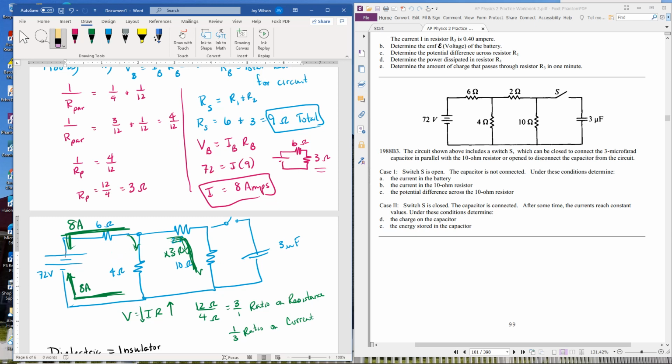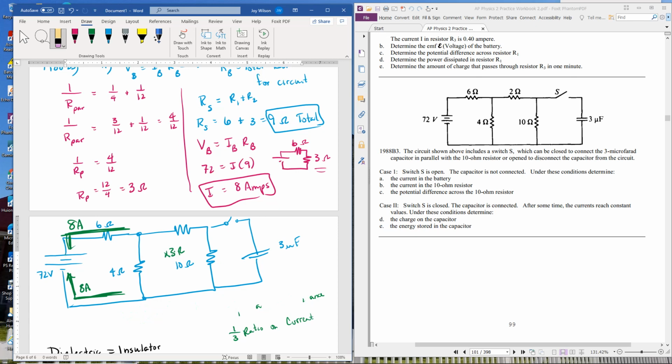So all we have to do now is do this. 3:1 ratio. So how's that going to work? Well, how much current comes in? 8. So I need to break 8 into a 1:3 ratio. How are we going to do that? Well, let's see. It's a ratio, right? Let's erase all this.